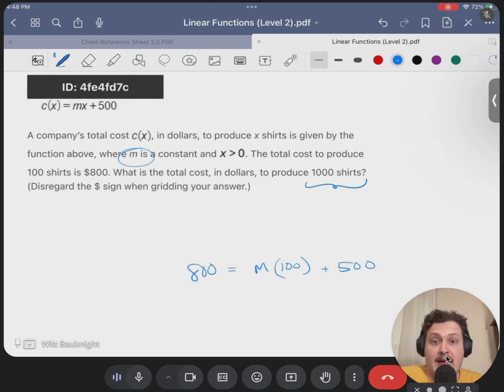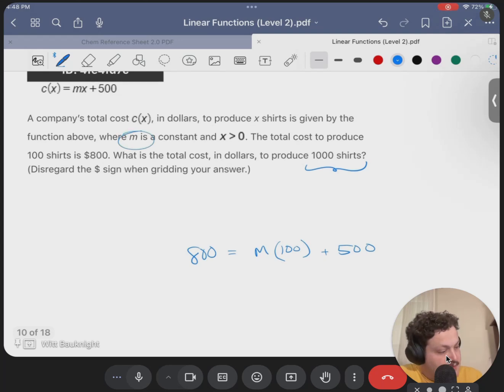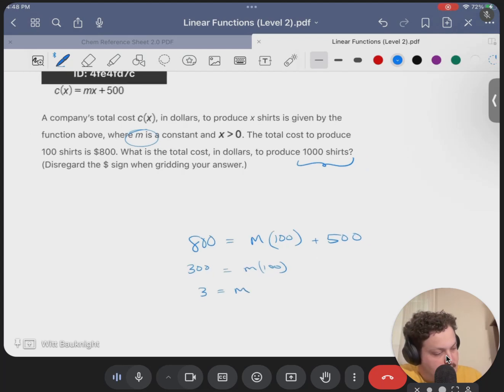First, we're going to figure out m, and then we're going to plug this in again. 300 equals m times 100. So 3 equals m. All right. So now, what is the cost of 1,000 shirts? 3 times 1,000 plus 500 should equal $3,500. That is the cost of 1,000 shirts.